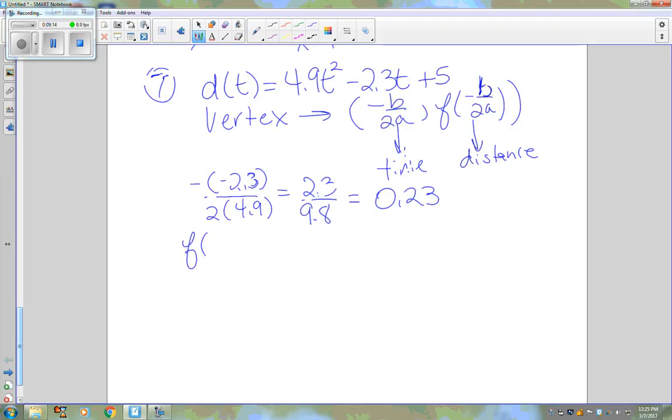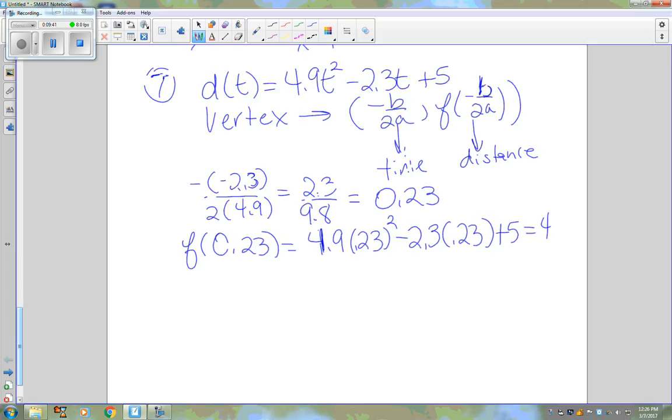Now plug that back in to the equation that's given, 4.9 times 0.23 squared minus 2.3 times 0.23 plus 5, and that's going to give you 4.73. So your answer is C.